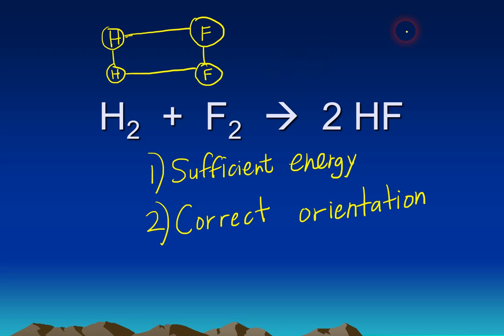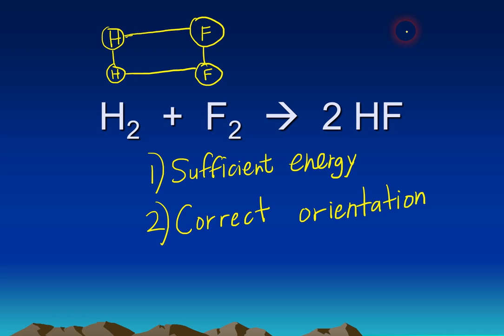They have to hit in the right orientation. It's like with 2 Legos. You can't expect them to stick together if you push the 2 raised sides together. It doesn't work that way. They have to be pushed together in the right direction. And the same thing with these 2 molecules. In order for these 2 to react, you have to have that requirement met.